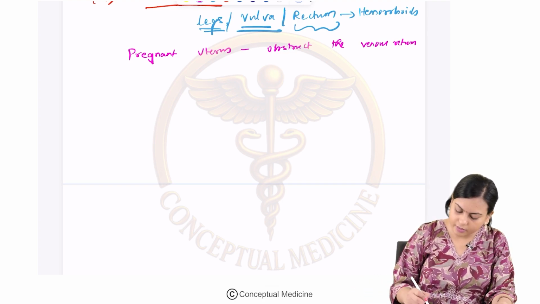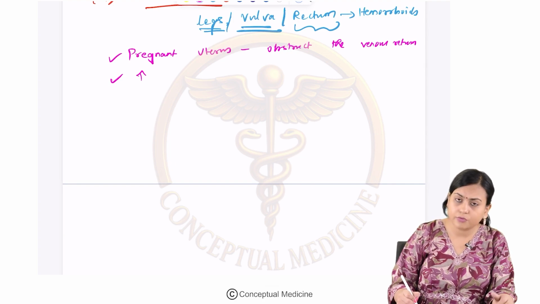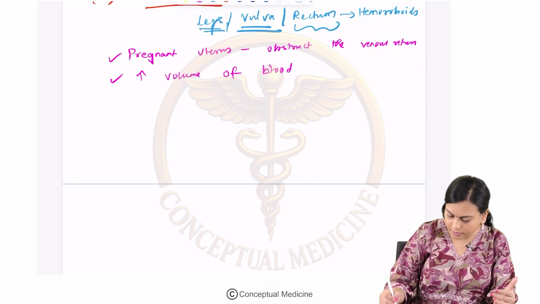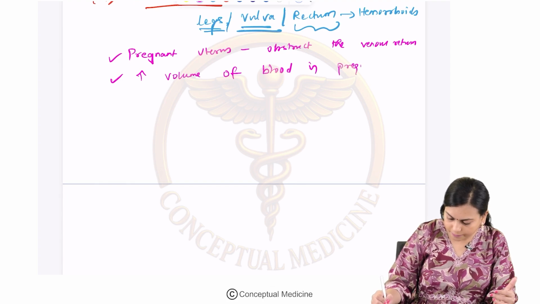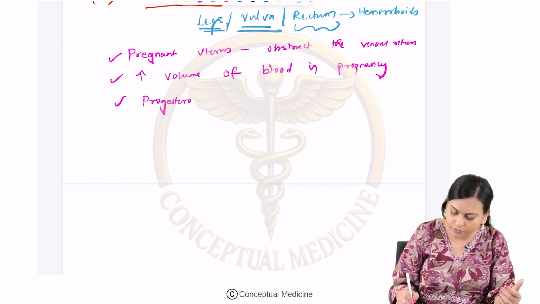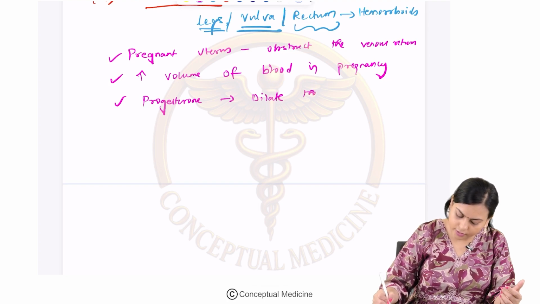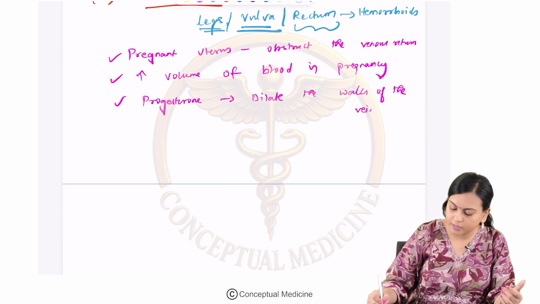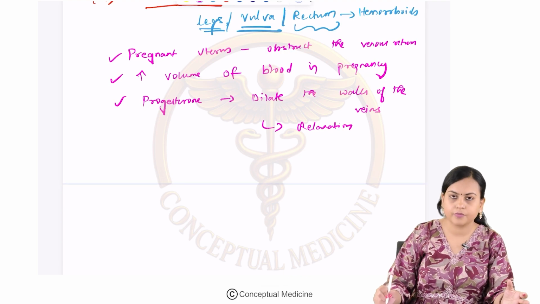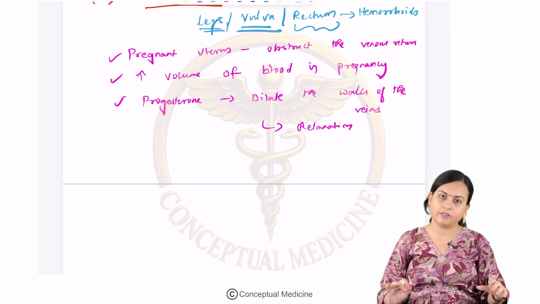And there is an increased volume of blood in pregnancy, and a hormonal effect, progesterone, right? So what is it going to do? It is going to dilate the walls of the veins. So basically a relaxation of the walls is caused, so that it is going to dilate the veins like that.